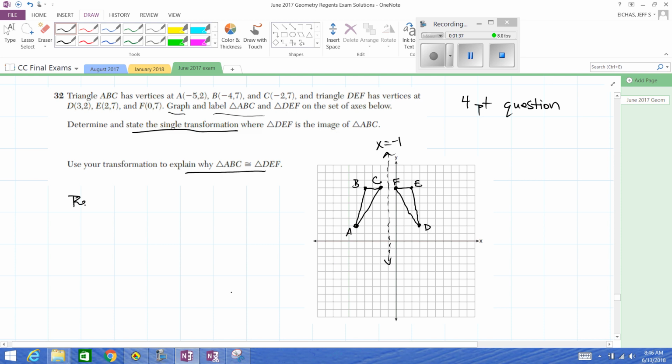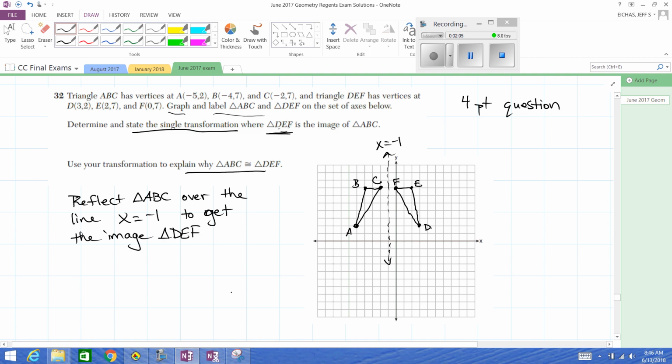We're going to reflect triangle ABC over the line x equals -1 to map. Oops, I'm going backwards on that. DEF is the image. To get the image, triangle DEF. So DEF is the image of ABC after this move.